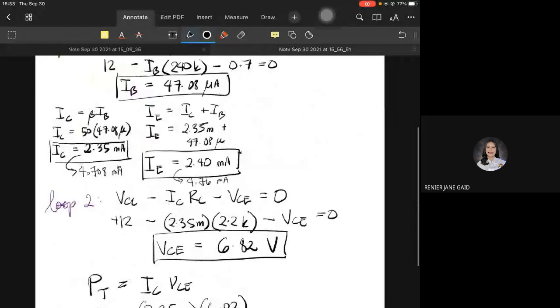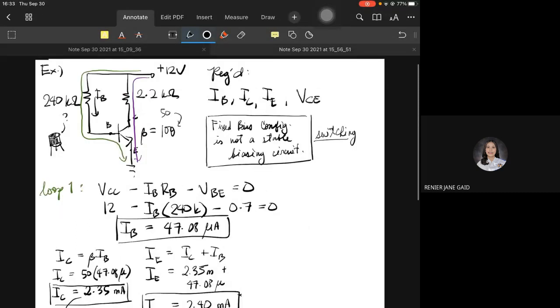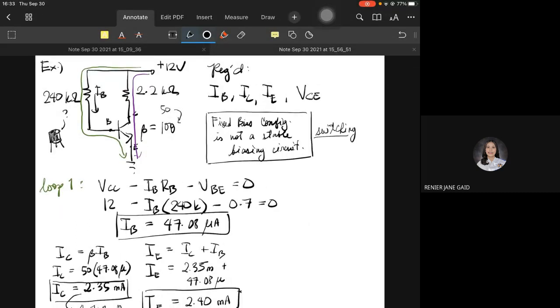If there are no more questions, just a reminder: the midterm exam will be on Thursday. On Monday, we will solve more examples regarding this so that we understand fixed bias better.